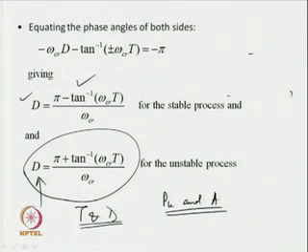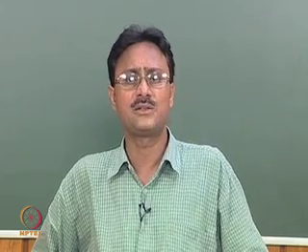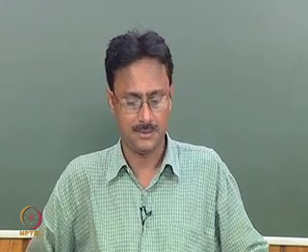So, from the analysis we have found that with the measurements of peak amplitude and frequency of the limit cycle output signal, it is possible to estimate two parameters of the unknown transfer function model, first order plus dead time model of a process dynamics.